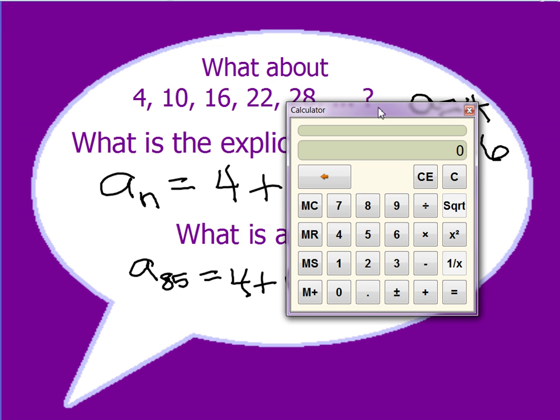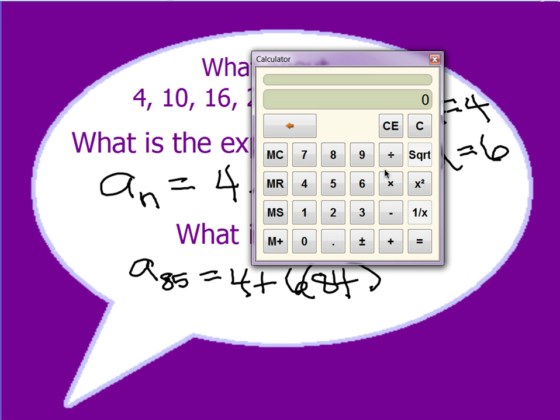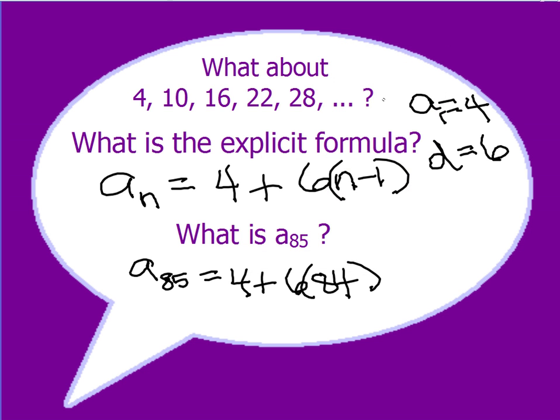And then again, I can use my calculator to solve. Do the multiplication first, 6 times 84, then add to 4, I get 508. And that would end up being the 85th term in my sequence.